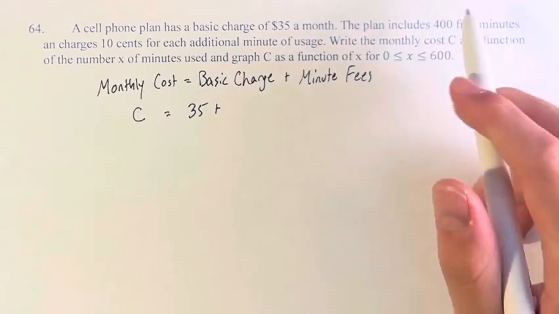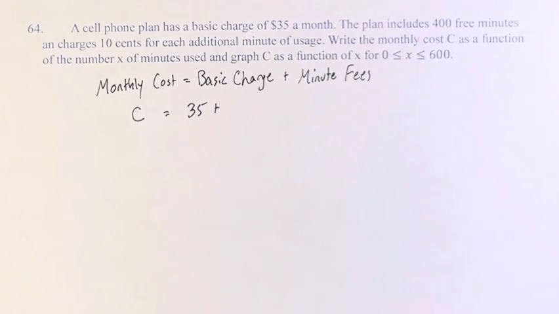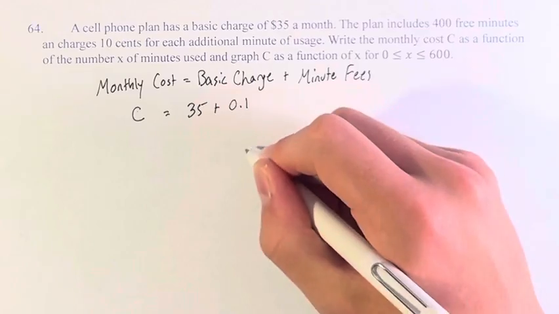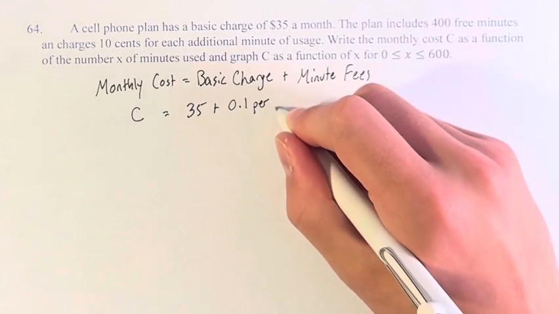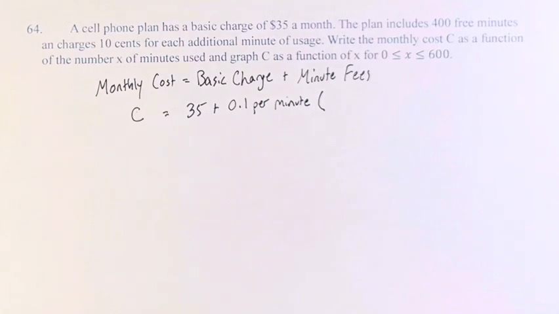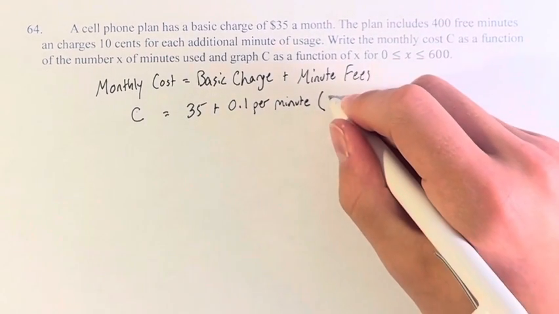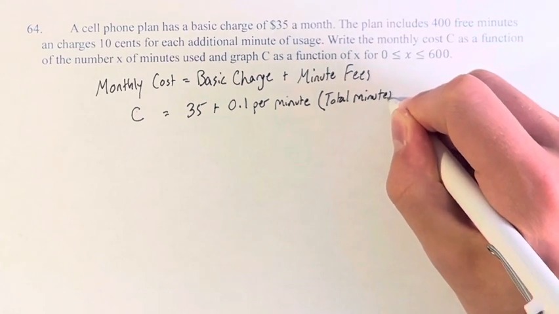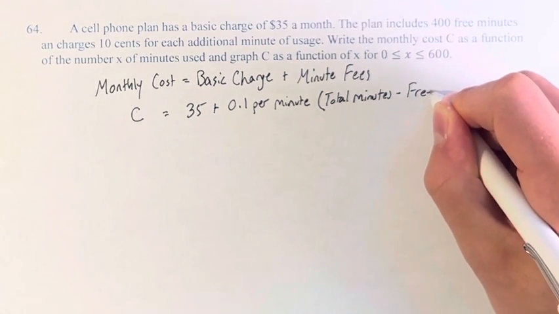We have to take into account that we get 400 free minutes. So let's just say $0.1 per minute times the total minutes minus the free minutes.